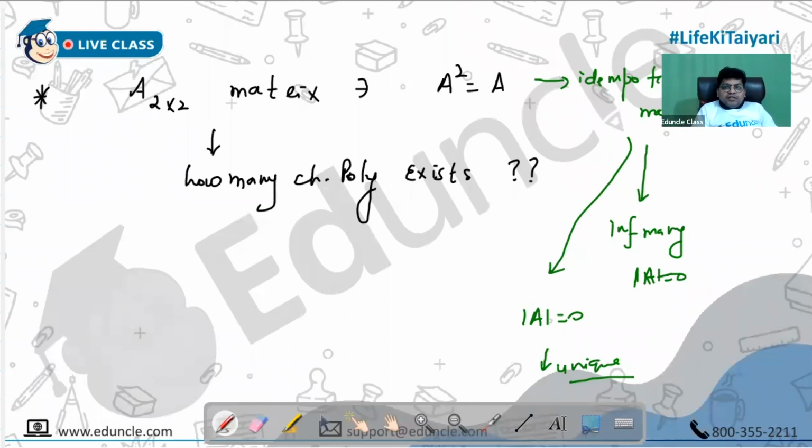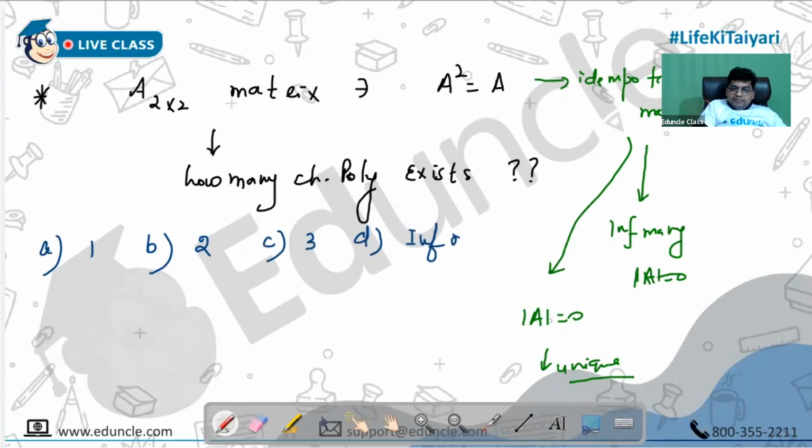So generally, what does the student write down as the answer? I have written 1. The student says actually sir, the characteristic polynomial is unique, so only one characteristic polynomial exists. Answer B is 2, answer C is 3, or answer D is infinitely many.